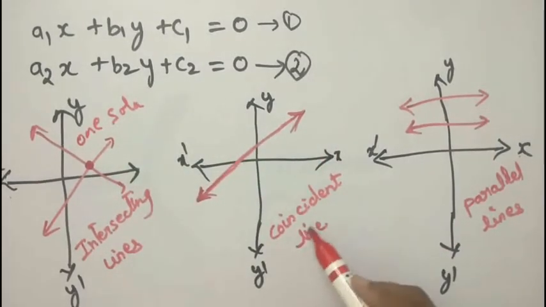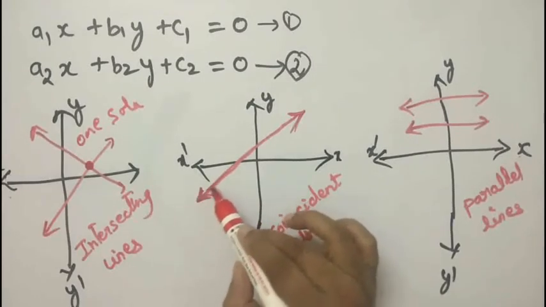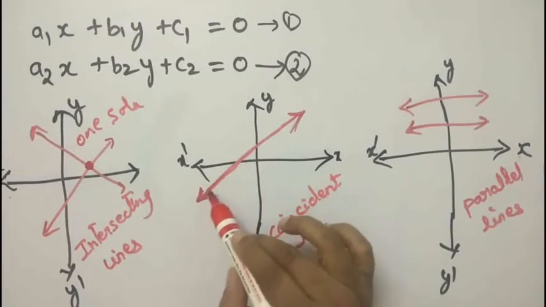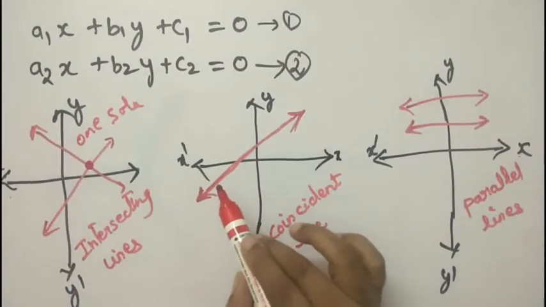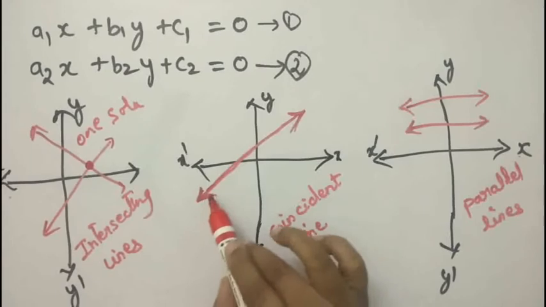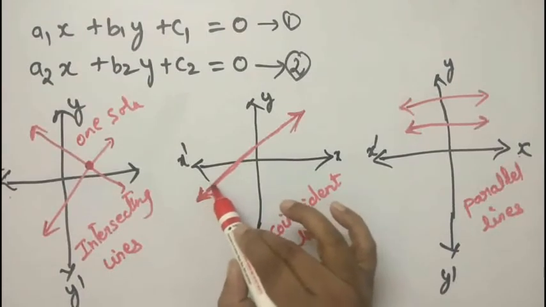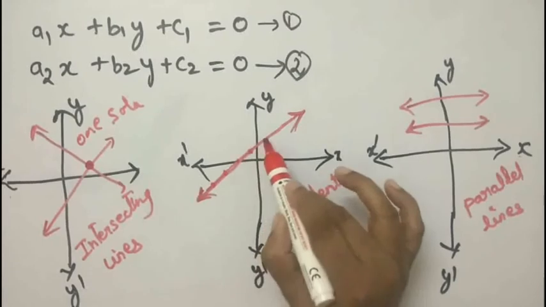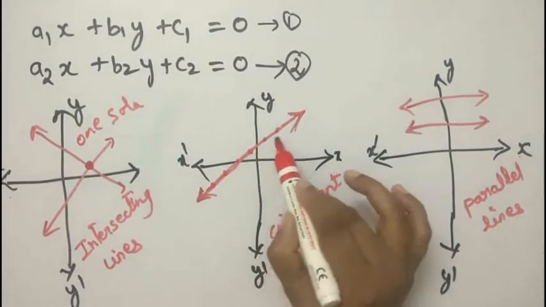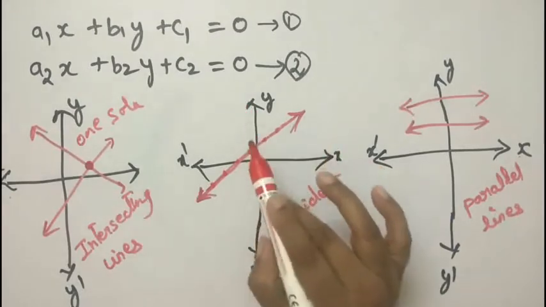For coincident lines, if you observe, through each and every point of the first line the second line is also passing, is it not? So every point on these two lines, the points through which both the lines are passing, are solutions for both the lines.